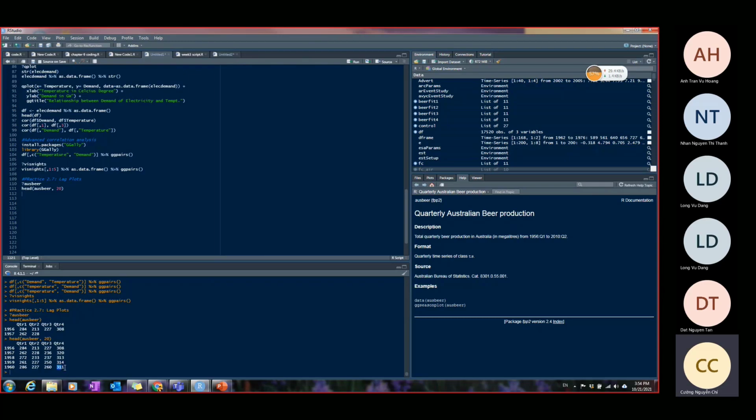If I say lag 4, that means the historical data of 4 periods before. So 4 periods before quarter 4 of 1960 will be quarter 4 of 1959, and this will be lag 4. You got it?